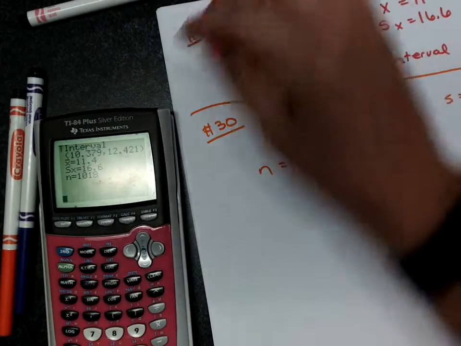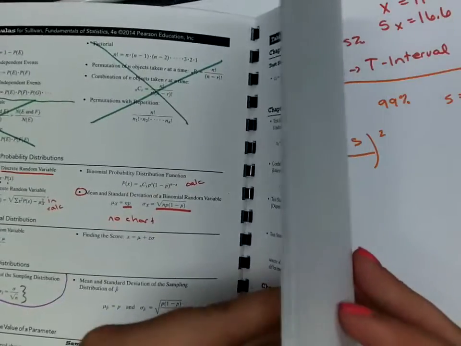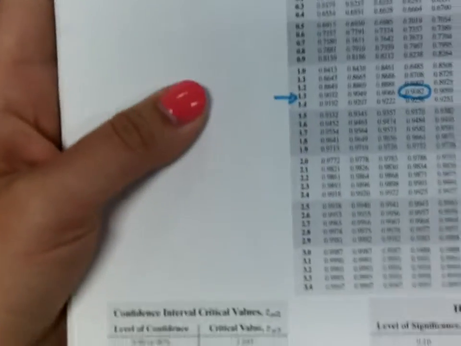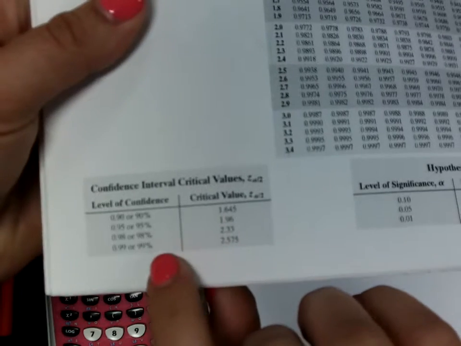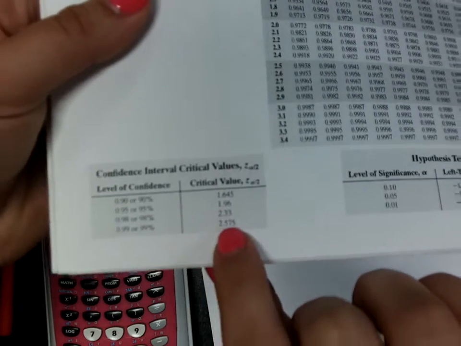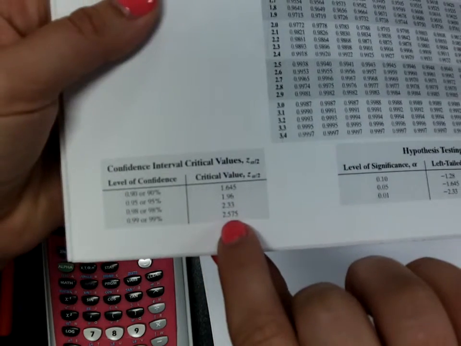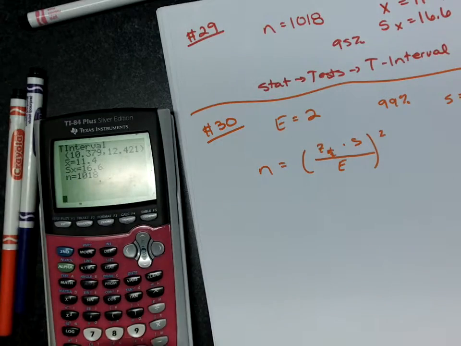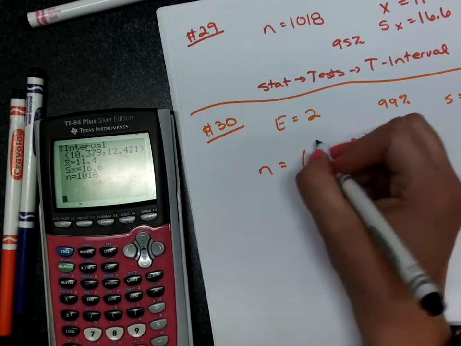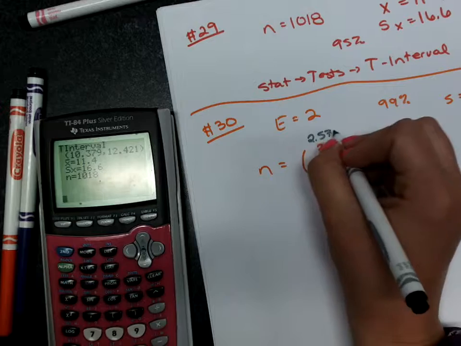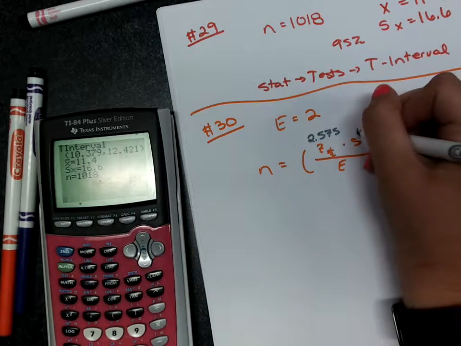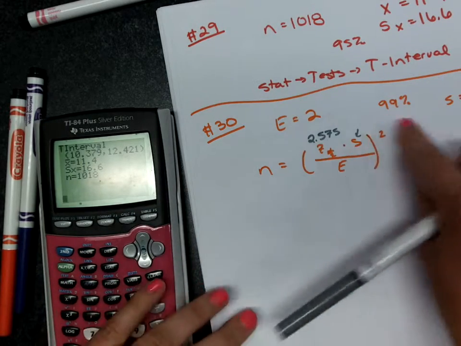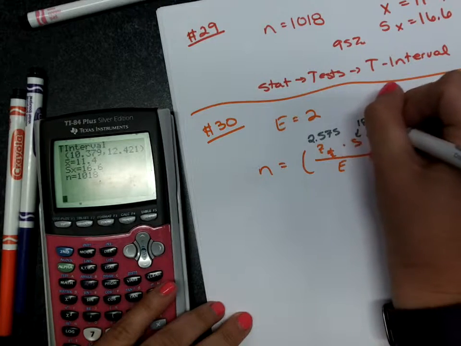So I'm going to look that up on that last page, table 5, or the second to last page. Here in the bottom little corner, 99%. I know that's hard to see. It's 2.575. So we will use 2.575 for Z.